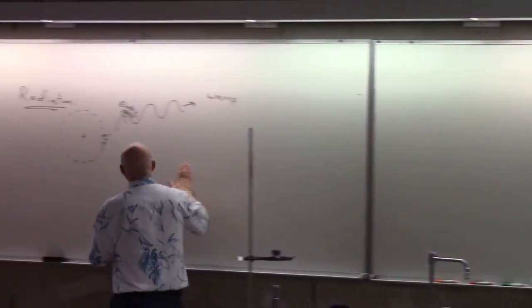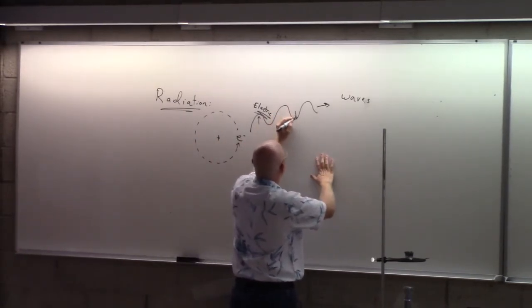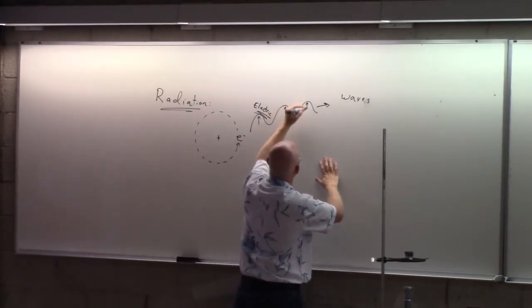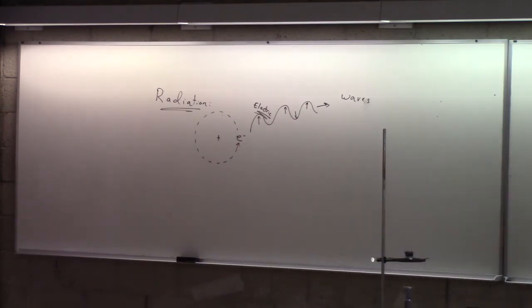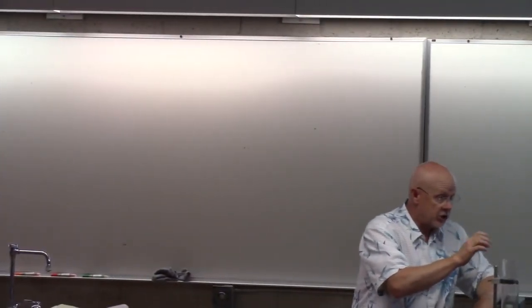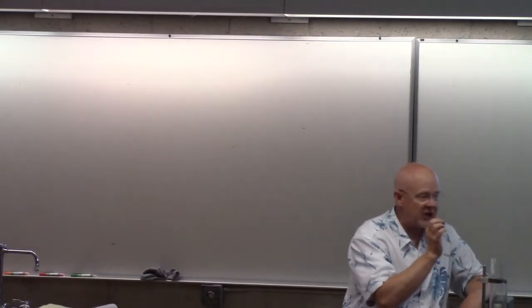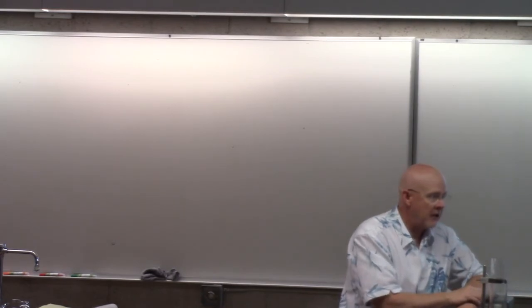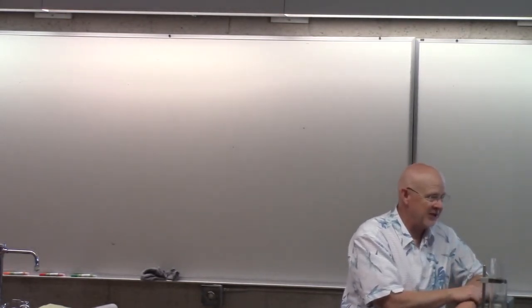I want to point out that these waves, and again, it's kind of hard to describe because I haven't got there yet, but this is the start of next semester, these are waves not made out of atoms. There are no atoms here. This is very different from both conduction and convection. There is no need for molecules between us.